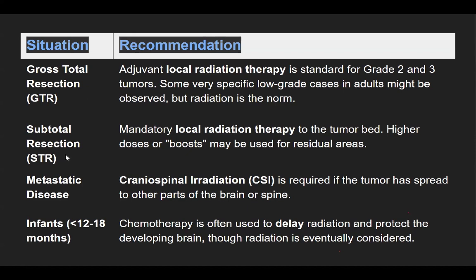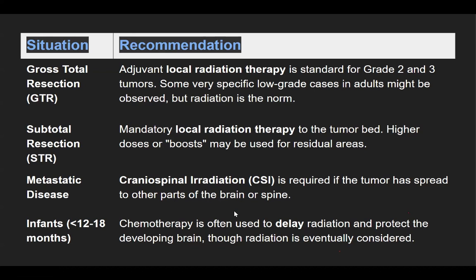If it was an STR, subtotal resection, then you will have to give local radiation therapy, and boost may be used for the residual areas. If it is metastatic disease, which is when drop mets are positive or CSF cytology is positive, then craniospinal radiation would be given.